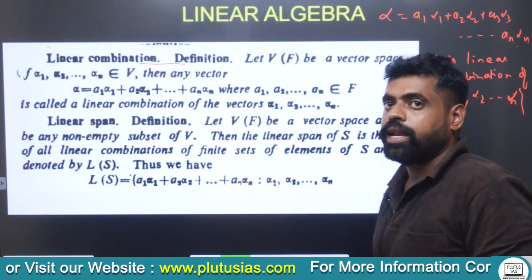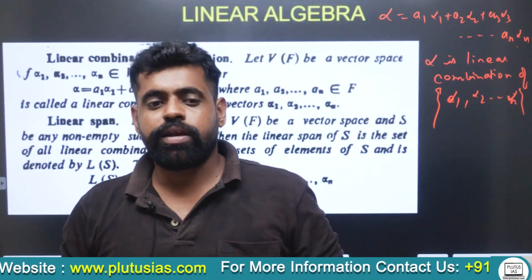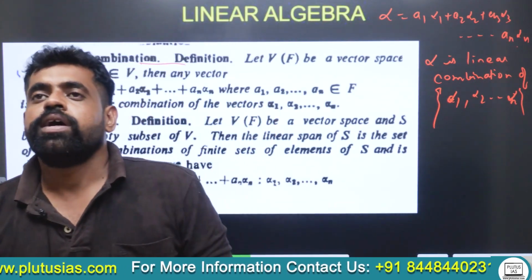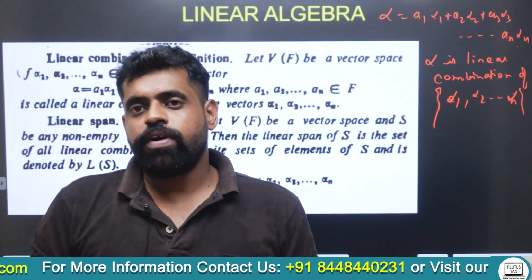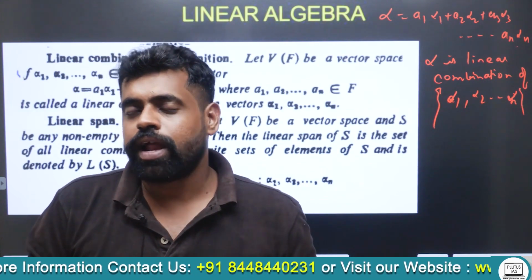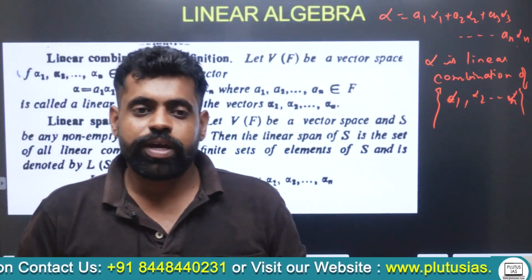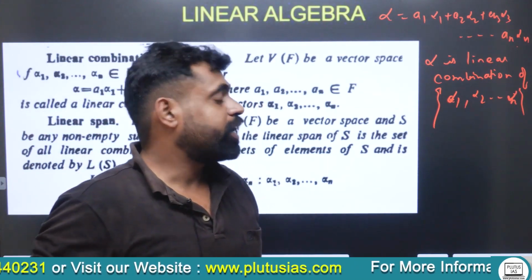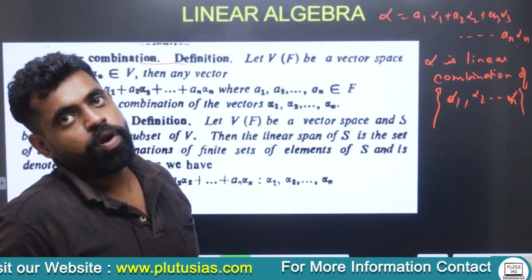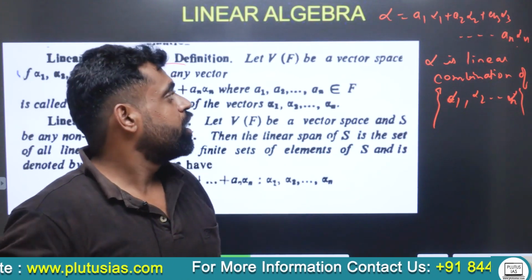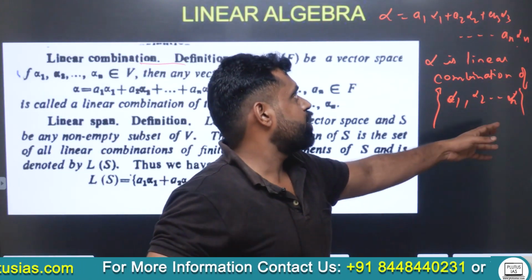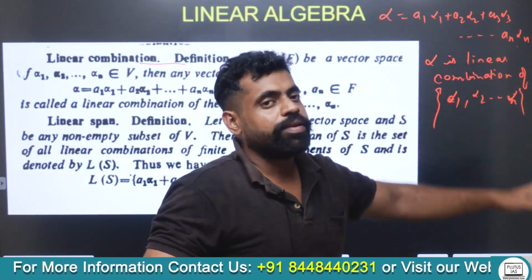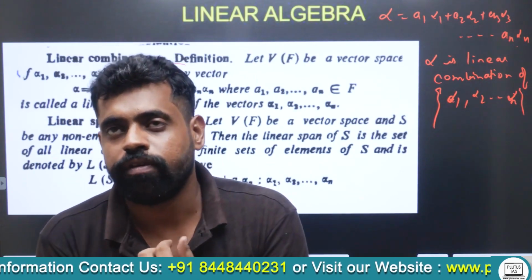Here a1, a2, a3 till an are the elements of the field, and alpha 1, alpha 2, as I already said, I'll use the Greek letters to showcase the elements of the vector space. So this alpha belongs to the vector space, alpha 1, alpha 2 all belong to the vector space, and a1, a2, an are the scalars of the field.